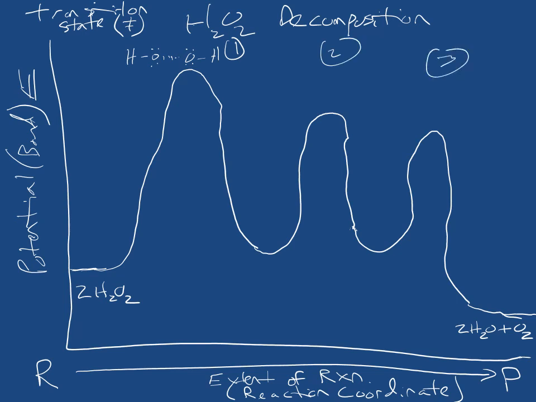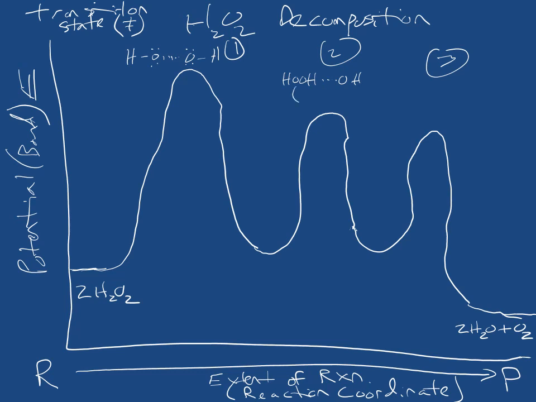Every step has a transition state. So this first step, the transition state, is a bond breaking. The second step, I'm going to see if I can make this a little smaller. There's the transition state. That's a bond forming because you're making water in this case.